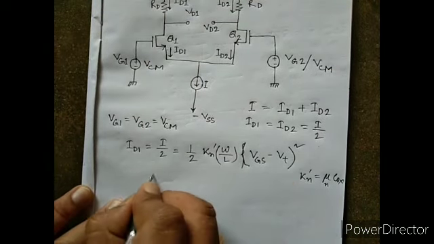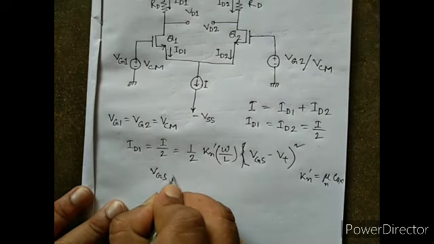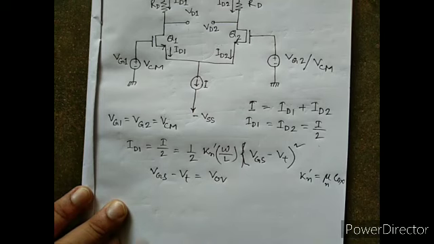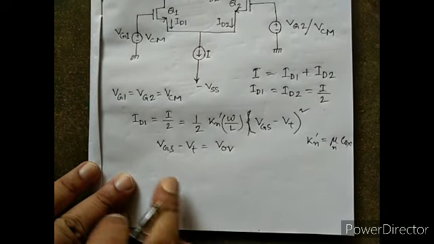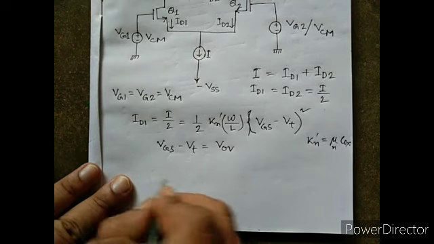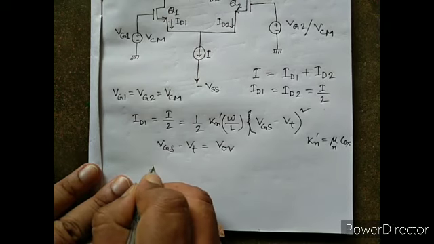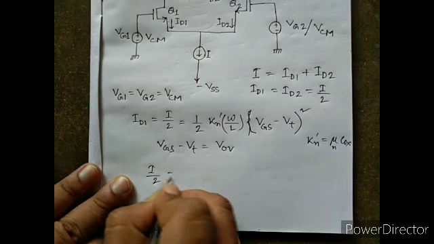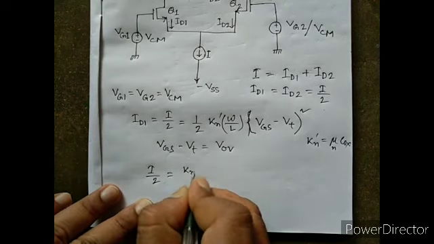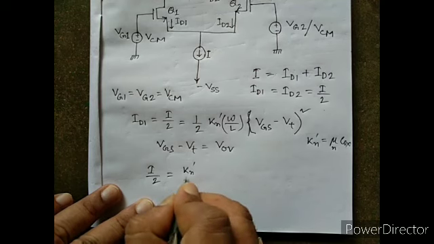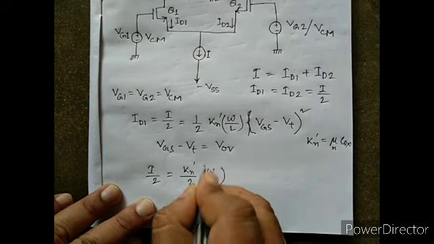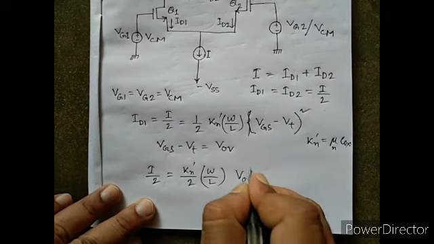Now VGS minus VT equals the overdrive voltage V_OV, so we can write I by 2 equals Kn dash by 2 W by L V_OV square.